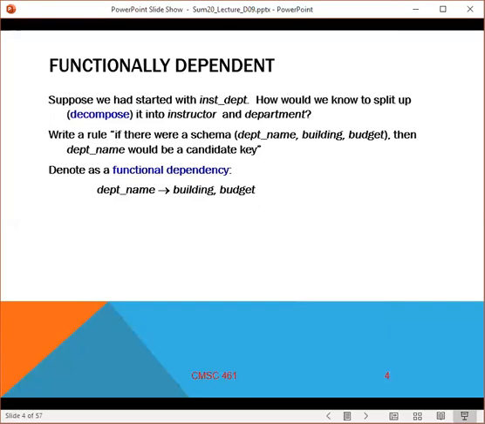So they are really a hidden table inside that jumbo table of instructor and department. Functional dependence, more formally, is that attribute B is fully functionally dependent on attribute A if each value of A determines one and only one value of B.